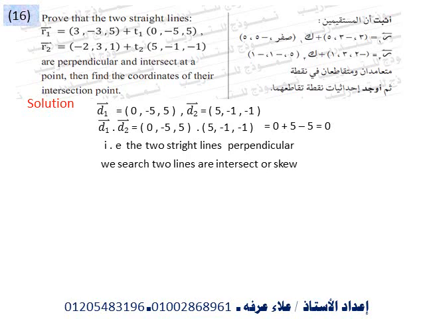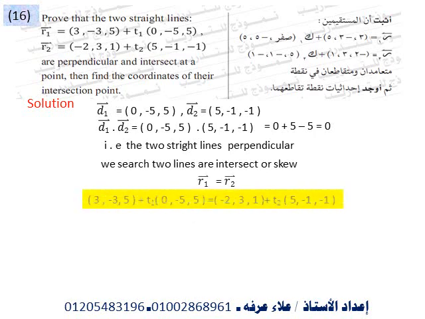We check whether the two lines intersect or are skew. Put vector R1 equal to vector R2.